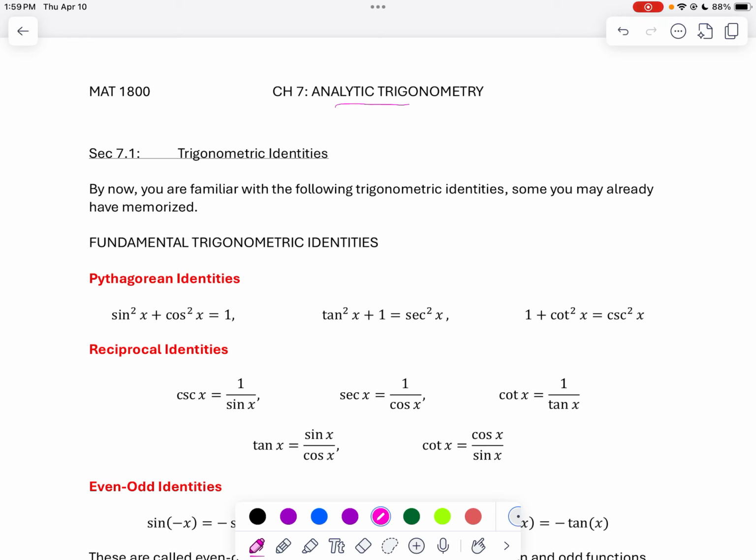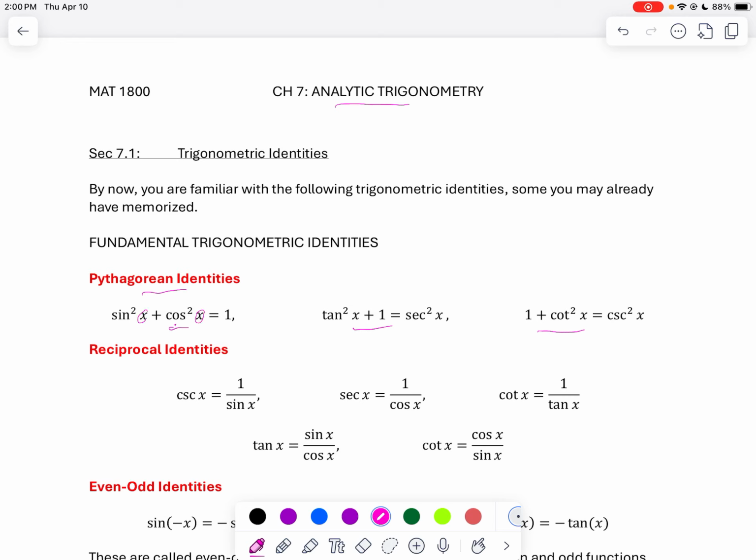So we start with the Pythagorean identities. These first three identities, you see the equal to sign, they are equations, but special kinds of equations which are true for any value of the variable.